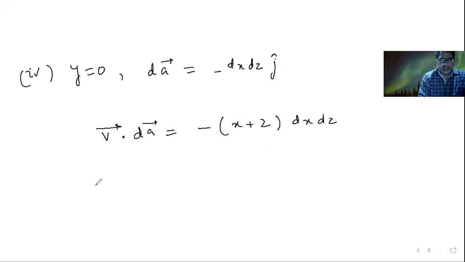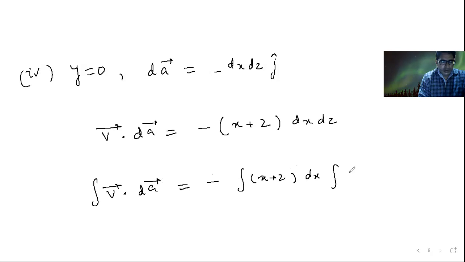Then we integrate it. Integral v dot dA is minus integral x plus 2 dx times integral dz. The limits on x are 0 to 2 as indicated on the figure, and on z 0 to 2.